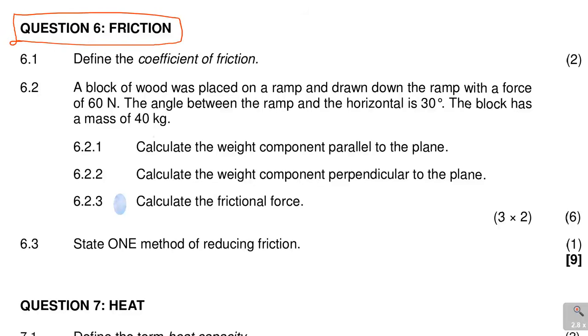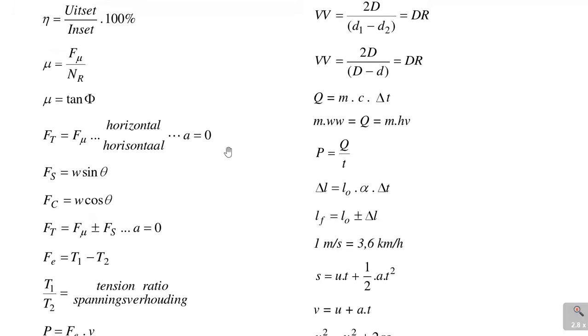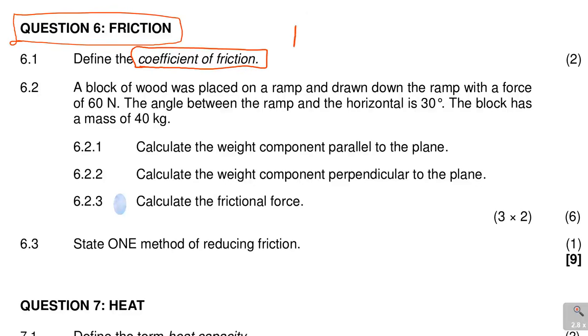Question number 6 says define the coefficient of friction. So you are supposed to give that definition. The question is, how will you define such a coefficient of friction? Now, if I come back to the formulas, remember, we have this formula: mu is F mu over NR. So my mu is equal to F mu over NR.